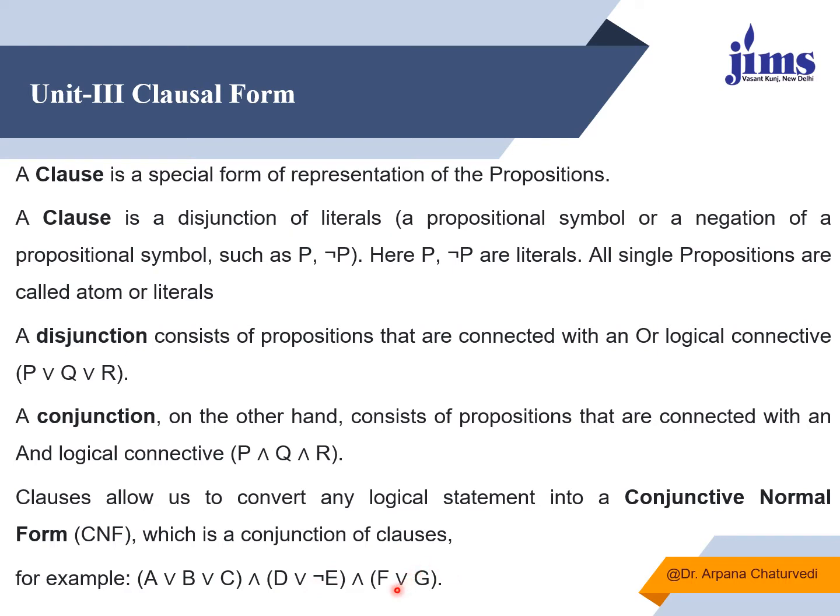The connective between F and G is OR. But all these sets are connected with each other using the AND logical connective. So this is known as conjunctive normal form. Whenever the given clauses are connected with each other using AND, we say the form is conjunctive normal form.